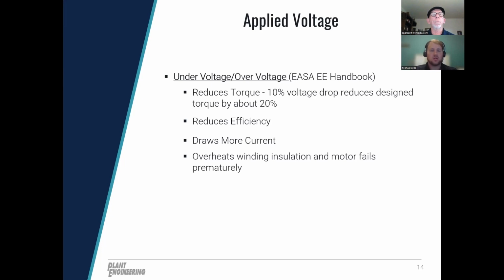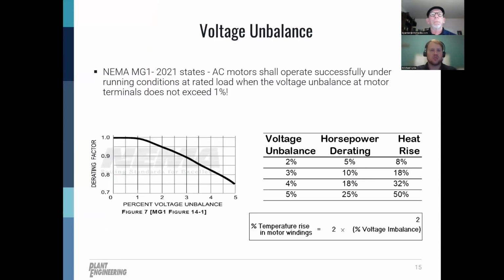Generally, if lower voltage is supplied to a motor, the motor needs to draw more current to output the necessary torque and speed for whatever application it's connected to. The higher current draw leads to heat, and the overheating will eventually lead to some type of motor failure, whether in the windings, the bearings, or some other component.